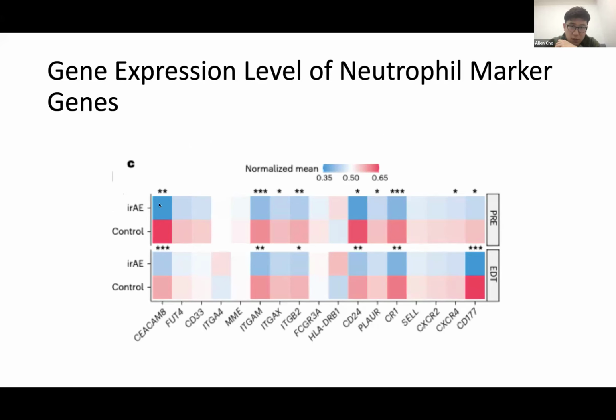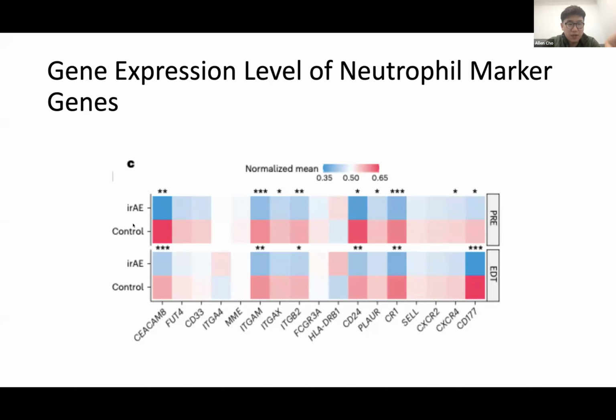And so there is less expression. And then they combined it so that we can compare within the pre-group, with the pre and the EDT.